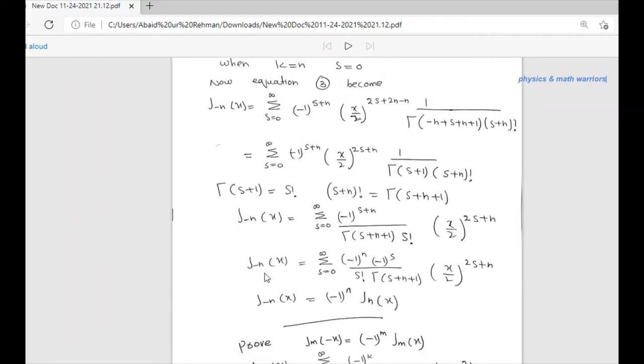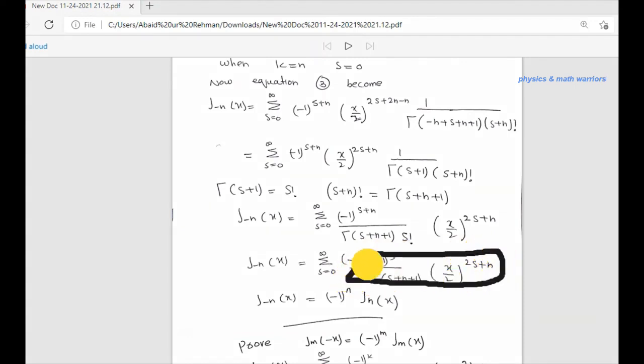And J minus n of x is equal to the summation s equal to 0 to infinity of minus 1 raised to power n times minus 1 raised to power s, over s factorial gamma of s plus n plus 1, times x over 2 raised to power 2s plus n. And this term is equal to J n of x. So J minus n of x is equal to minus 1 raised to power n J n of x.